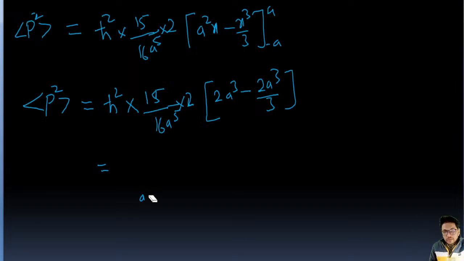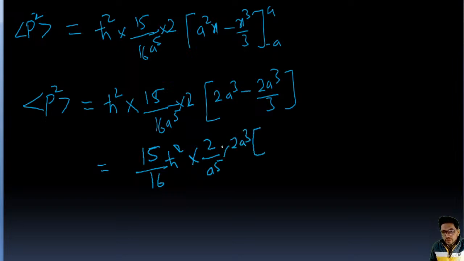This is 15 upon 16 h cut square into 2 upon a to the power 5. I will take 2a cube common. It is going to be 1 minus 1 upon 3, and we'll simplify it.